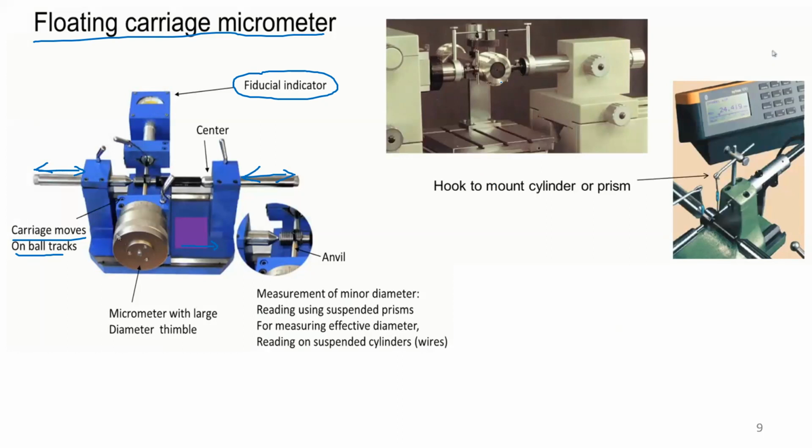This figure also represents the floating carriage micrometer. Here we have the hooks to hang the two wires or three wires onto the grooves of the screw thread, and then the spindle or anvils move over the wires, and then we take the reading.